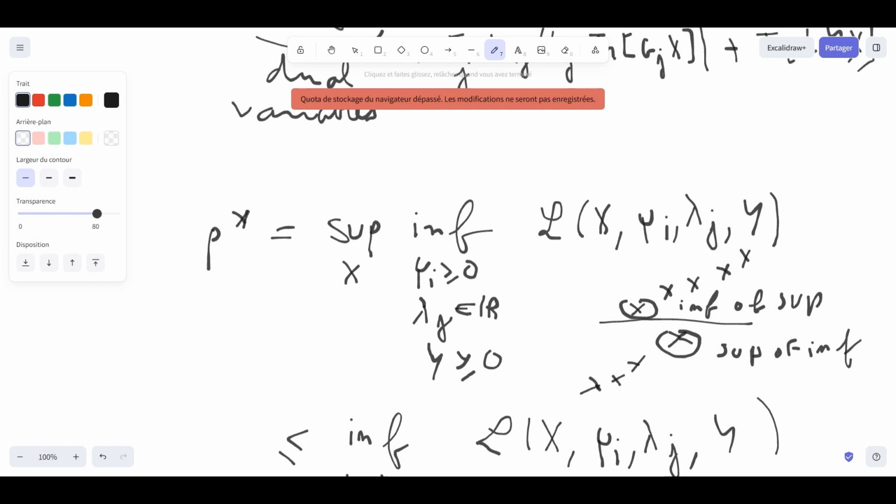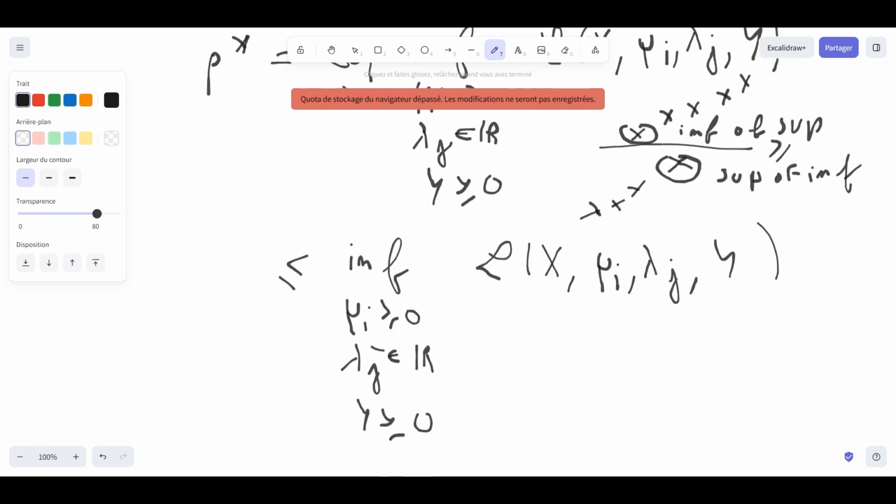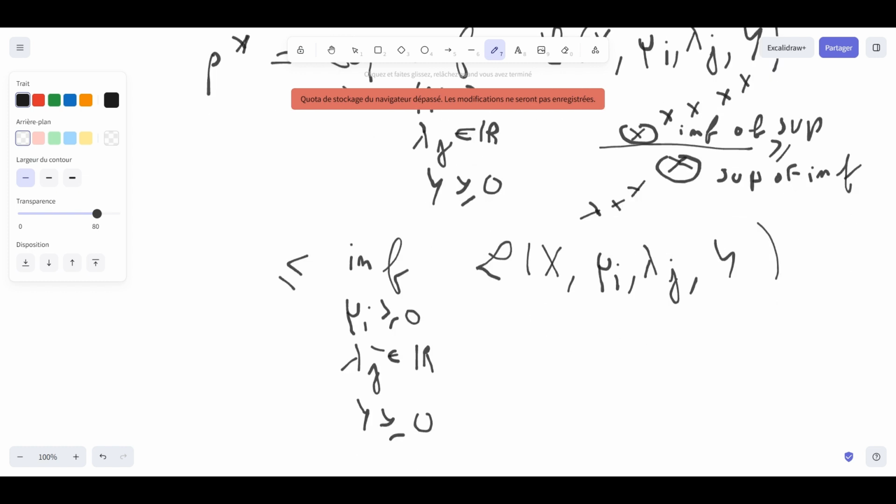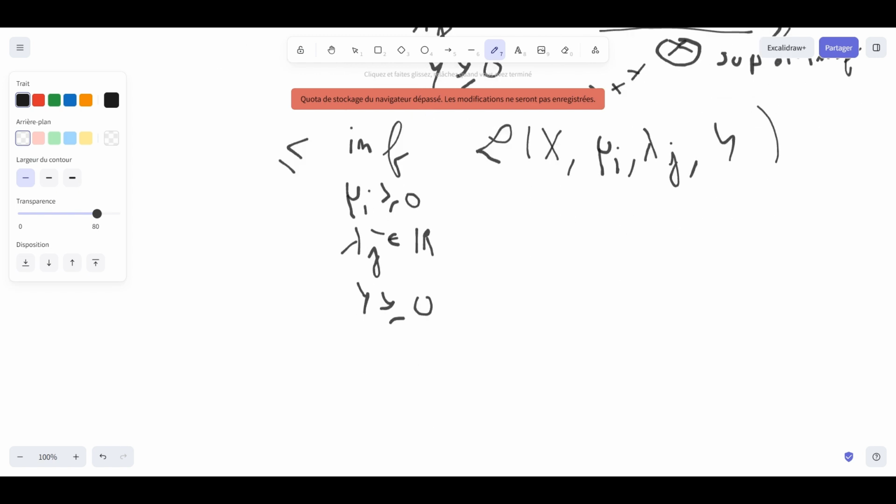And so as you see, inf of sup is superior to sup of inf. So that's why we can switch like this, having what we want about our Lagrangian.